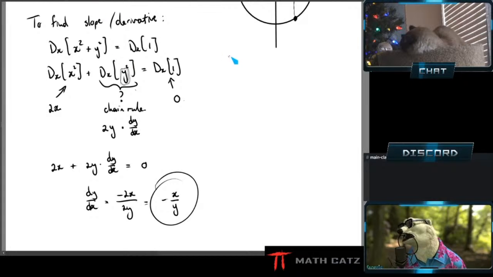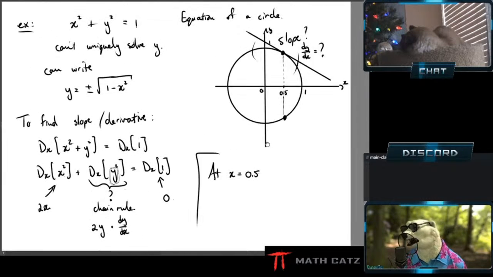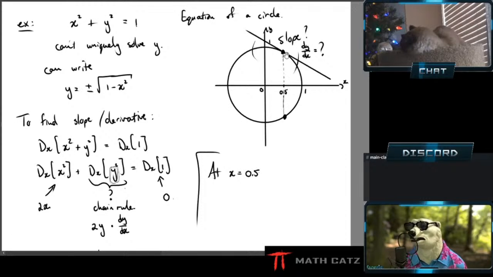And I can now say things like, okay, at x equal to 0.5. Well, in this case, I'm going to have to be a little bit more specific. Which point are you looking at? Because there are 2 points corresponding to x equal to 0.5. Which one do you want? I want the positive one. What is happening?